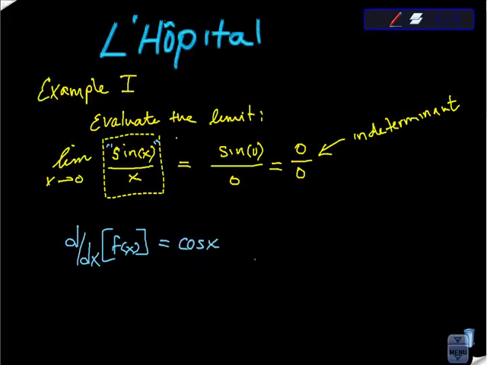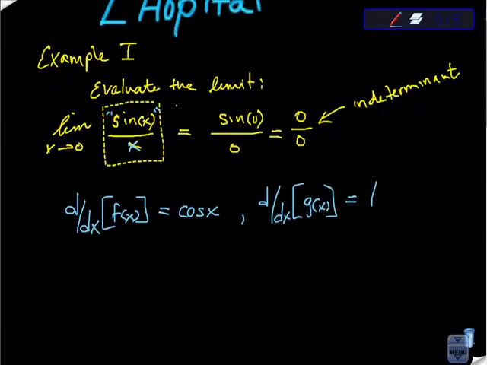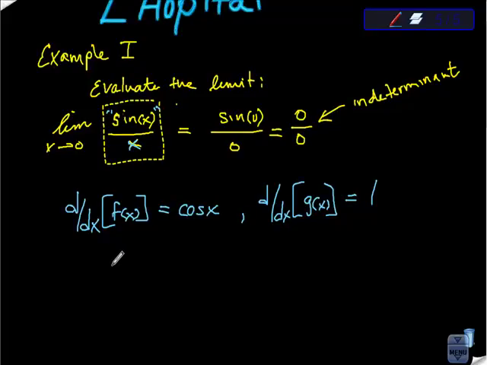So there's cosine x. L'Hopital further suggests that we take the derivative of the bottom part. So we're going to take d dx of g of x. We can see that g of x is this x value right here, and the first derivative of that is 1. So if we put it together the way L'Hopital suggests, we're going to take our f prime at 0 over our g prime at 0, which is cosine of 0 over 1.